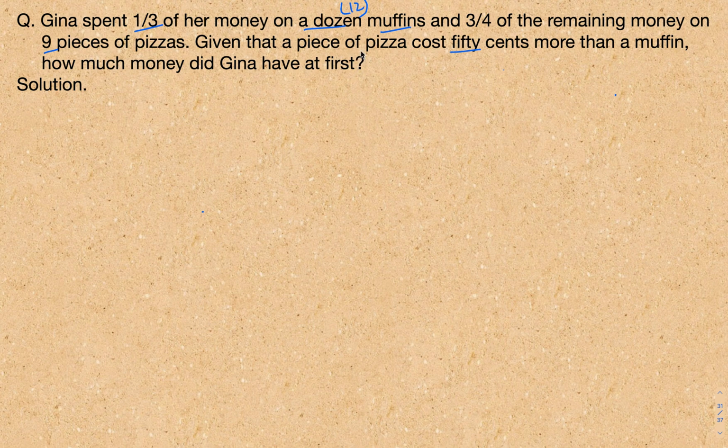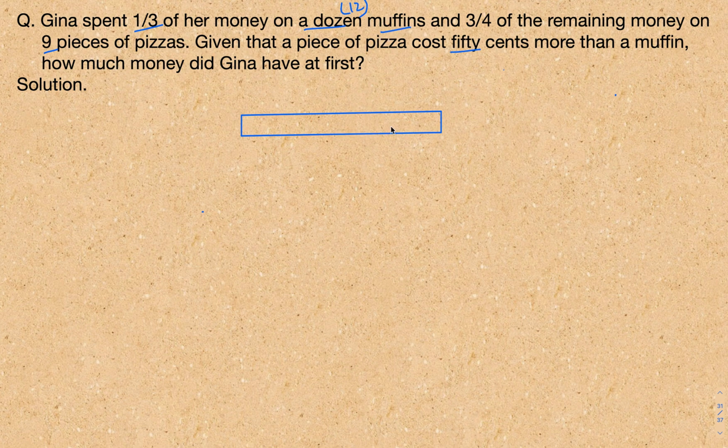Okay, so let's find out. First thing we can start is drawing the model. Let's say Gina has this much of money at first. We should draw it a bit long. Now she spent 1/3 of her money on a dozen muffins.